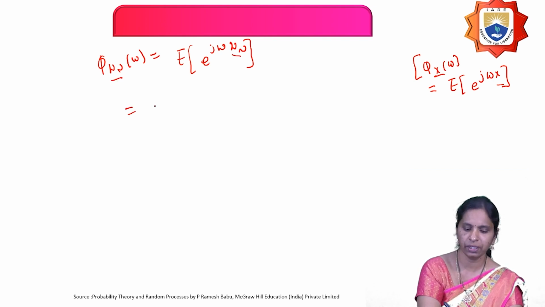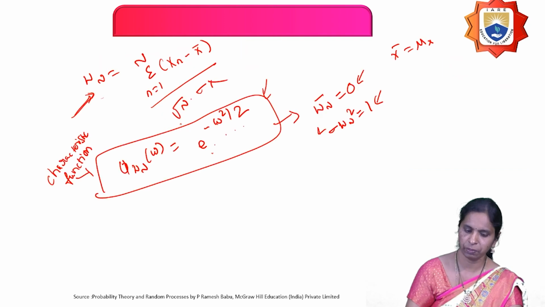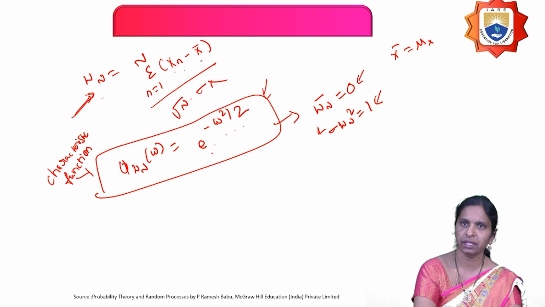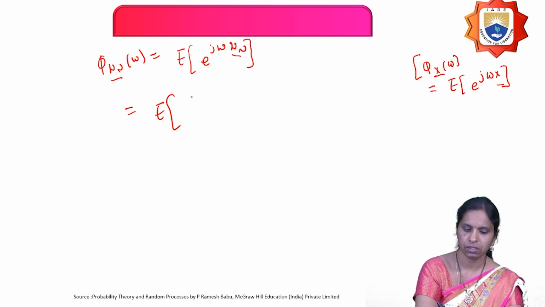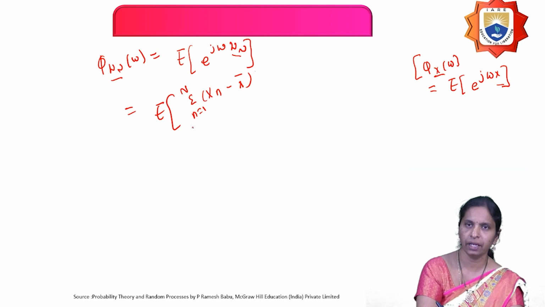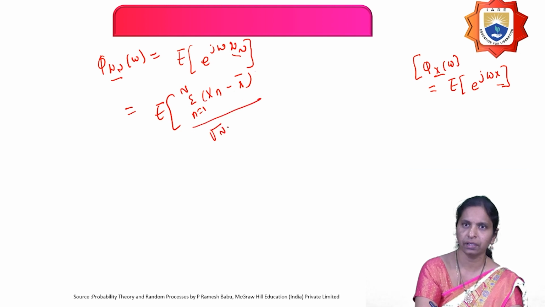Now what is Wn here? From this, Wn is nothing but the sum from n equals 1 to n of xn minus x bar, divided by root n into sigma x.